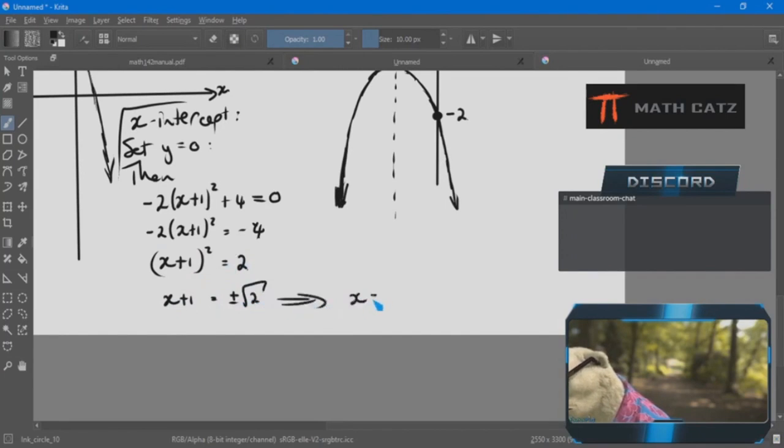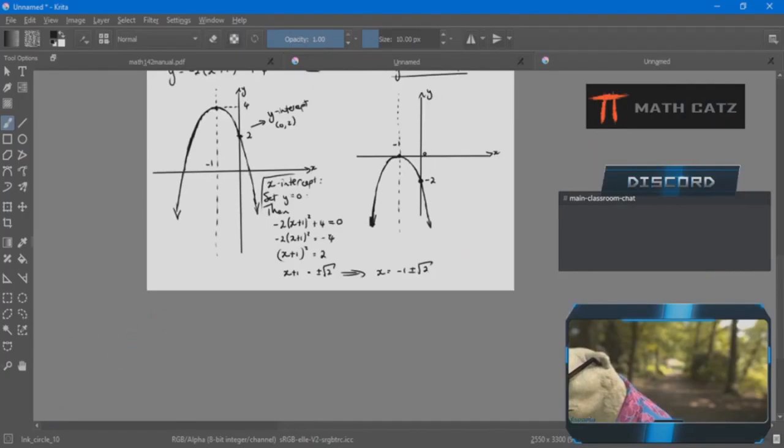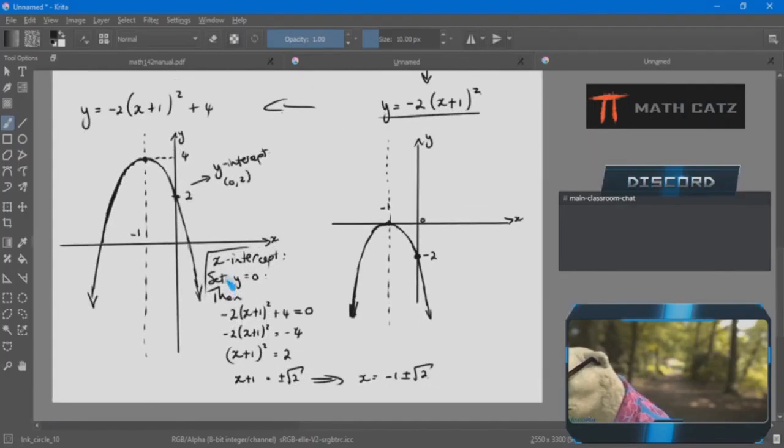And finally, x is negative 1 plus or minus root 2. Calculate the decimals, do what you want to do. It'll be these guys over here. So if I have it in what we call standard form, great. It's not that hard to calculate the x-intercept.